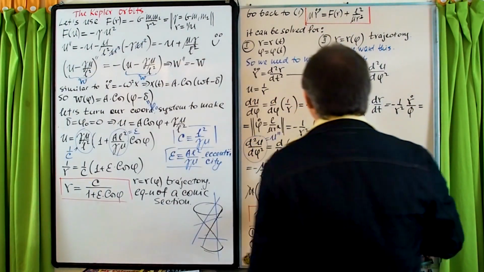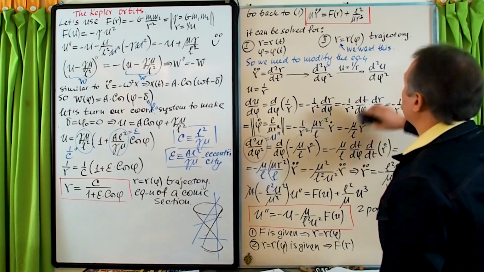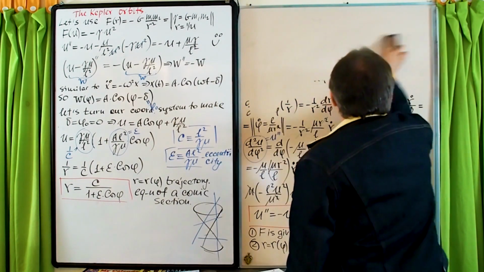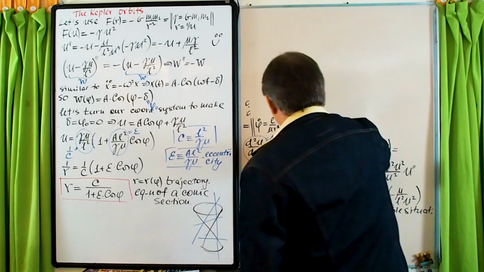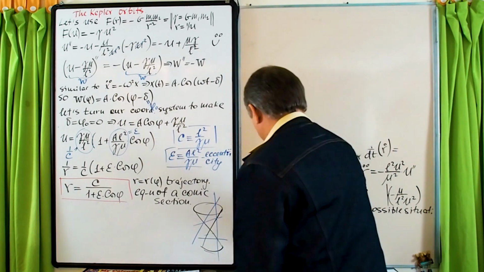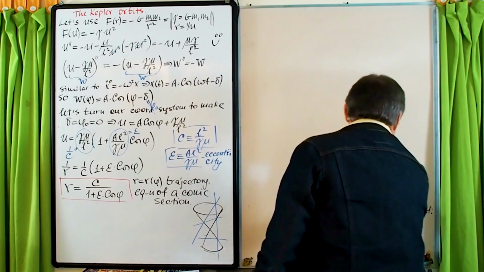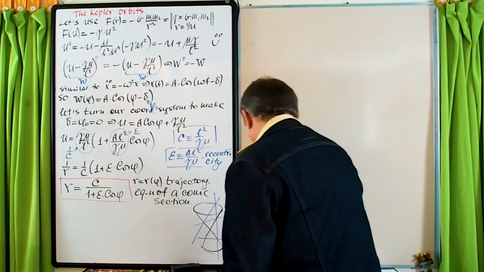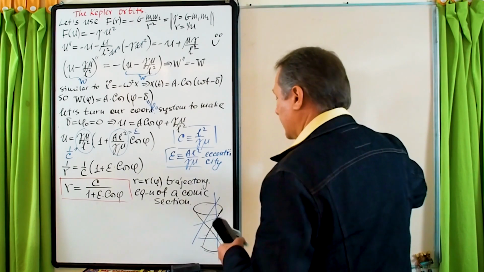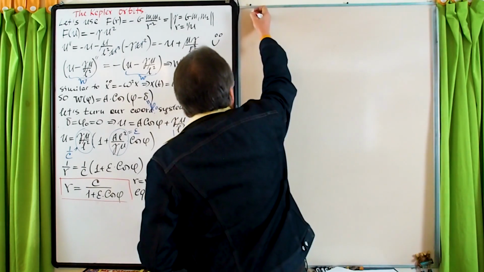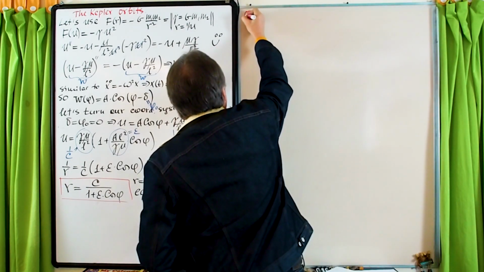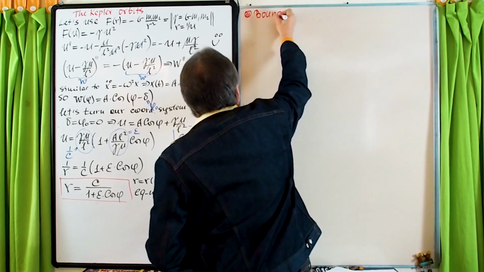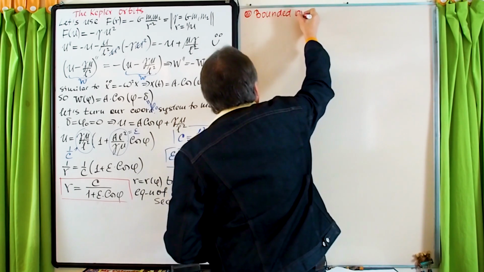We have an equation, and we already got the solution, so I can erase all that. Let me label it bounded orbits. Let's put a new bullet and discuss bounded orbits first.